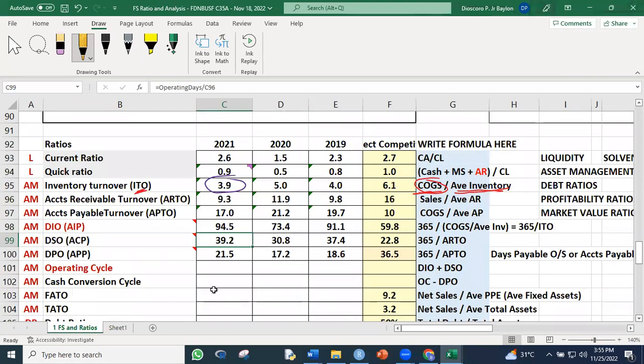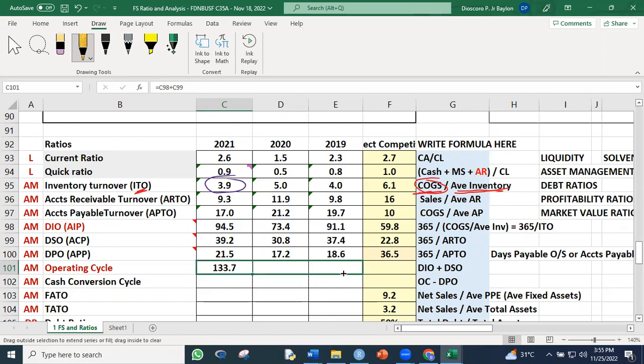Okay. Now, it brings us now to this operating cycle, very important, which is our DIO, which is days inventory. How long does it take us to buy raw materials, convert to finished goods, and then sell? Plus, how long does it take us to collect on the receivables? Okay? So, ang tawag dyan, operating cycle.